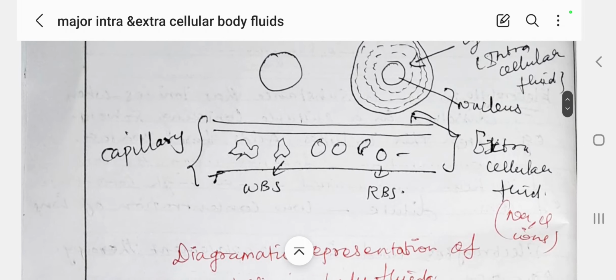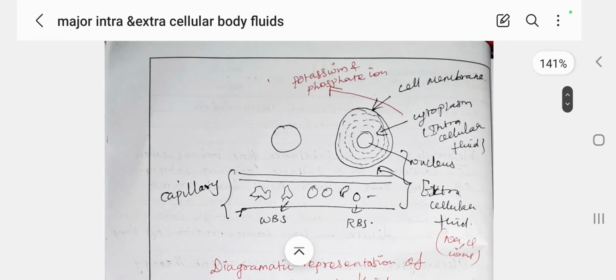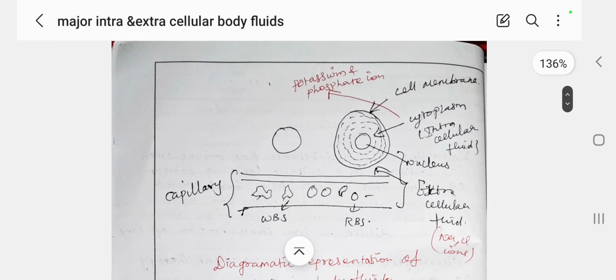First we'll see a diagrammatic representation of the various body fluids. Here you may notice the diagrammatic representation of body fluid. Here we have RBC and WBC, red blood cells and white blood cells.